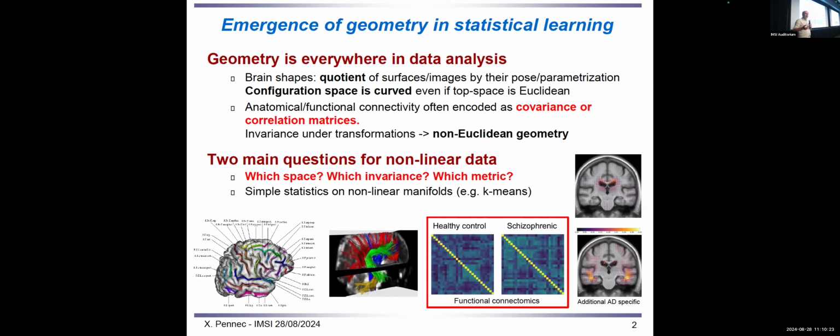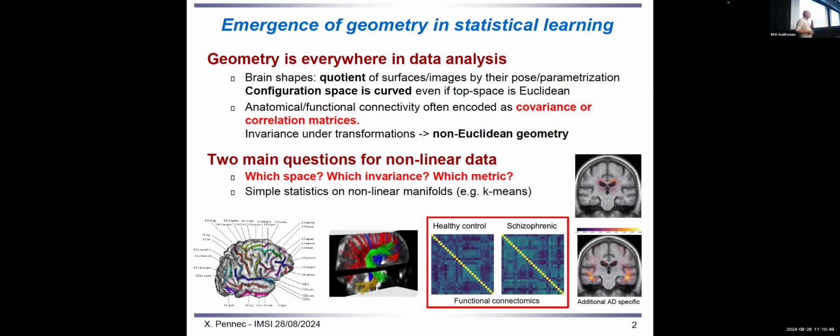So for this talk, what I want to look at is covariance and correlation matrices. And here we also want to enforce some types of invariance. And in most cases, it will also give curvature to the space. And the question maybe that we should ask ourselves when we start doing statistics on this data is, to which space does the feature belong? What are the natural invariants?